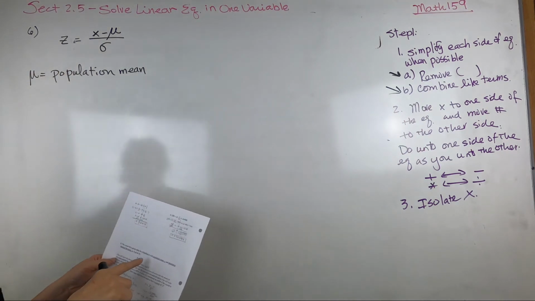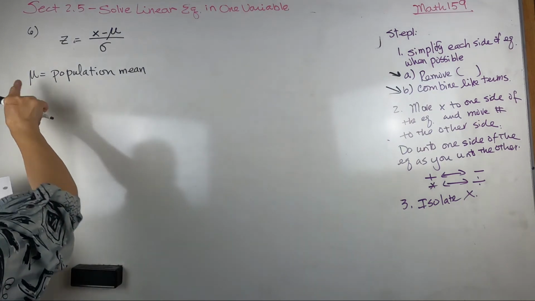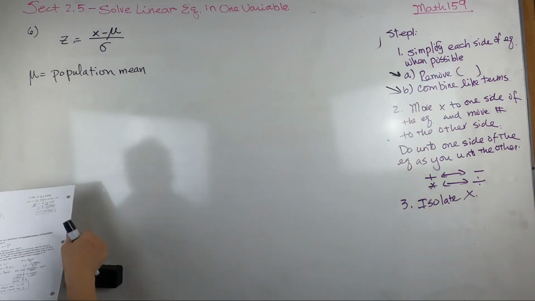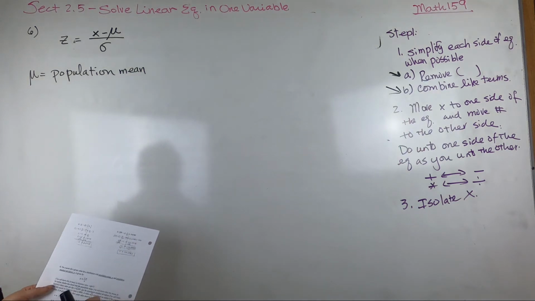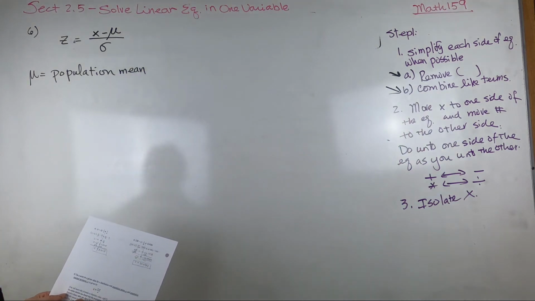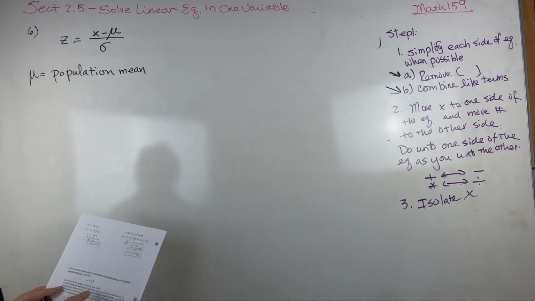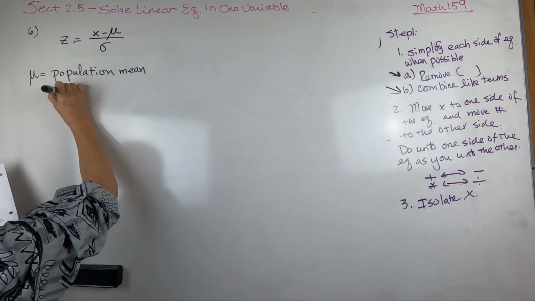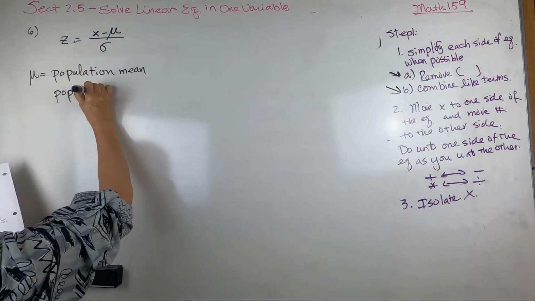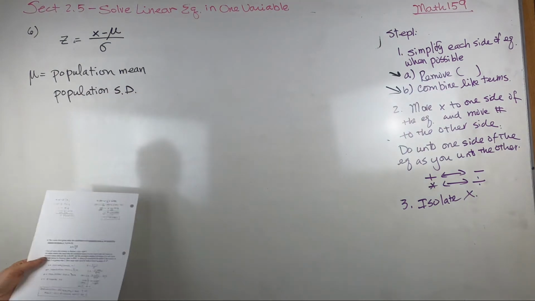Mu, because earlier it says population mean is the mu. And it says population mean sales per day is what? 2841. And the population standard deviation. Another thing we don't know is what? It's called population standard deviation.